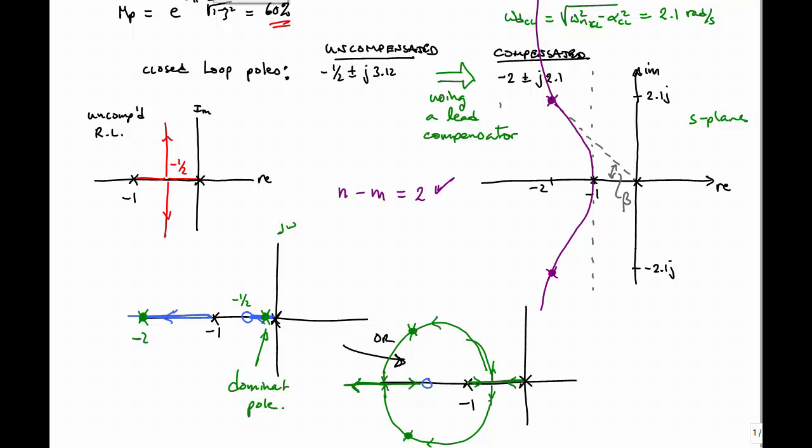Maybe I should show that here. Like this looks more like -2 here. And perhaps I'd have to move it up a little higher if I wanted it to be at the desired -2 plus and minus 2.1 j. But I should in principle be able to do that.